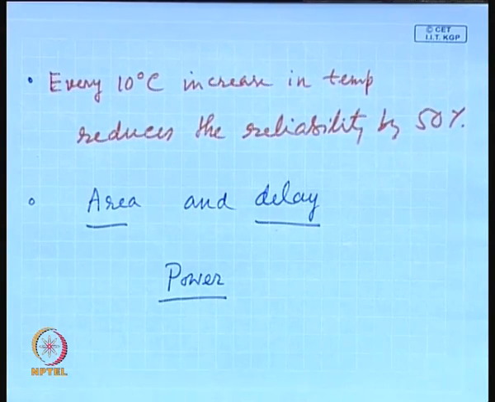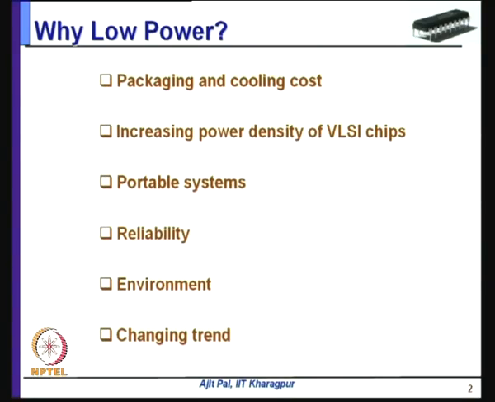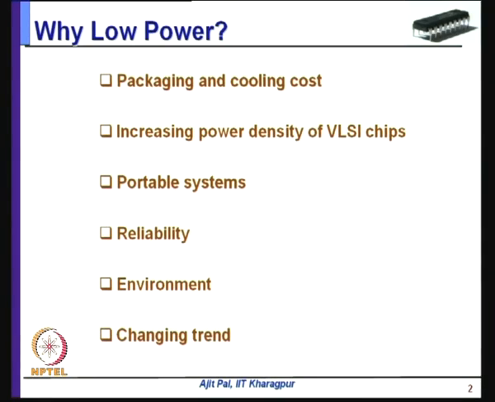That means, in present day VLSI chip design, apart from area and delay of the circuit, it is essential to have low power. That means, power has become another important design criterion. So, these are the various reasons why low power is important in VLSI circuits.